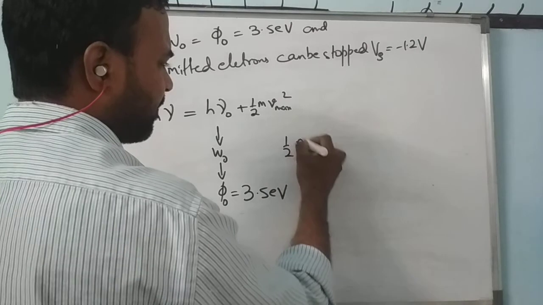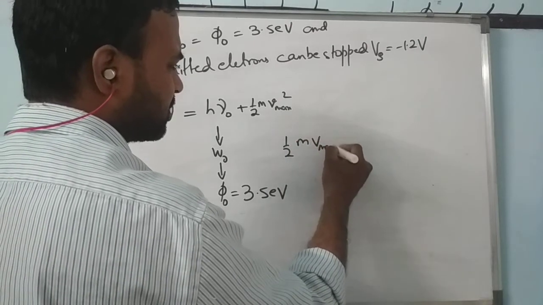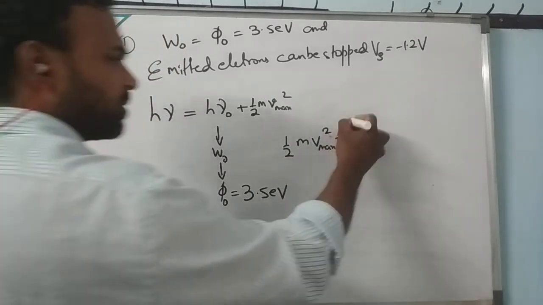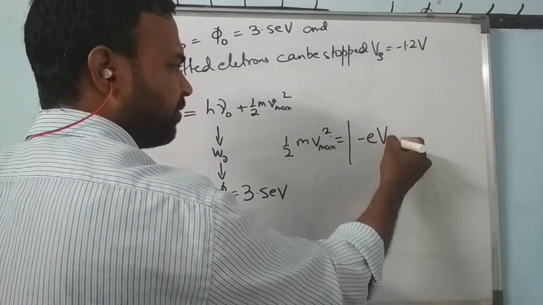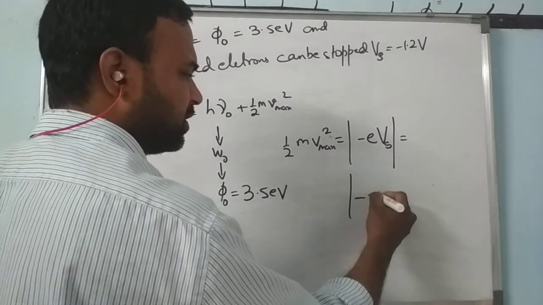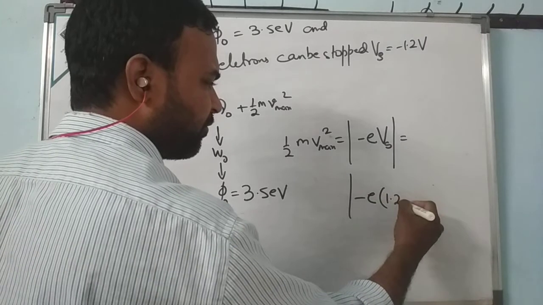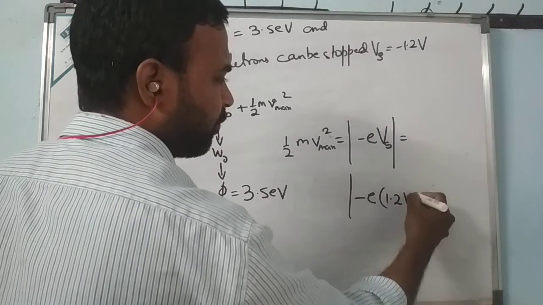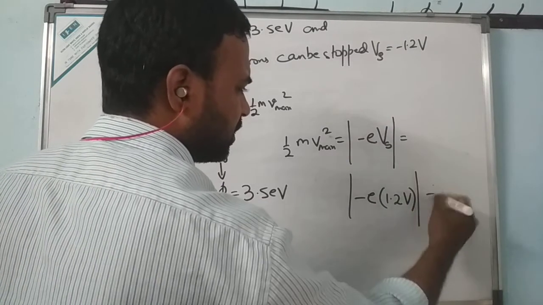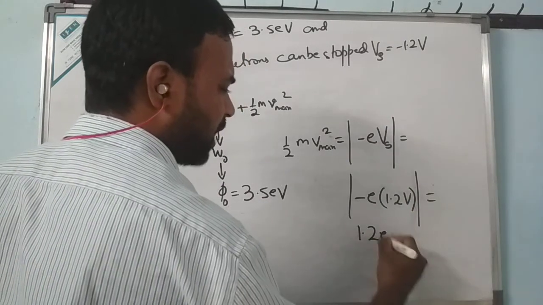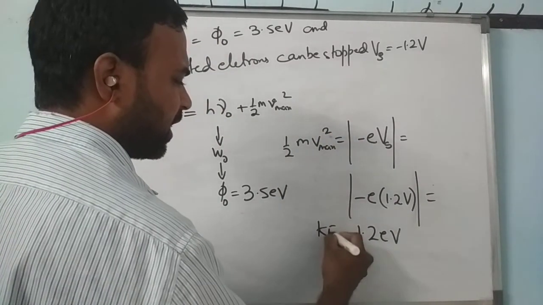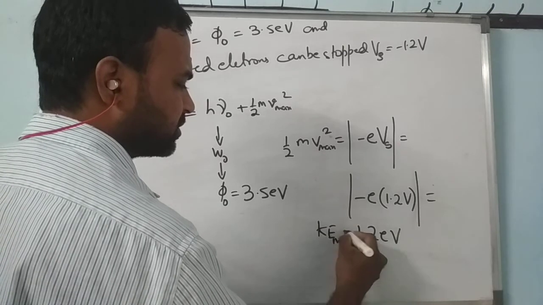Half m v max square, just now I told you from theory, is nothing but the modulus of minus eVs. So that comes out to be minus e into 1.2 volt. After the modulus is taken, it converts to 1.2 electron volts. So that is your KE max, or kinetic energy.